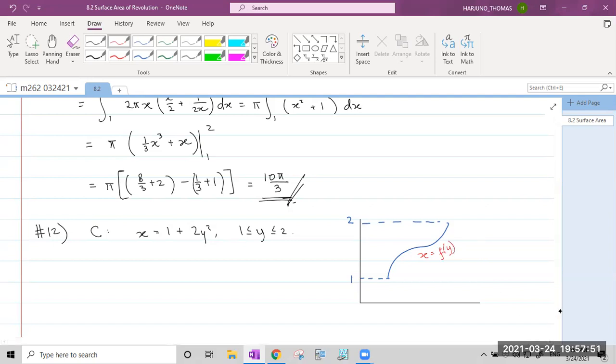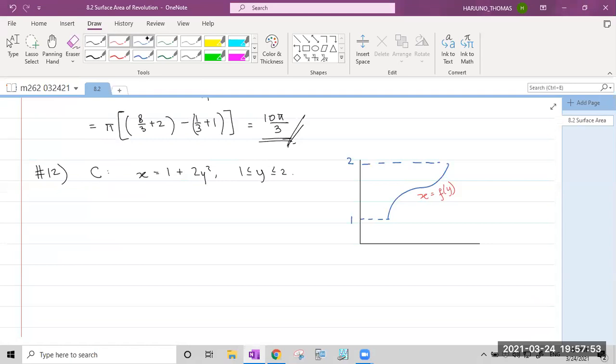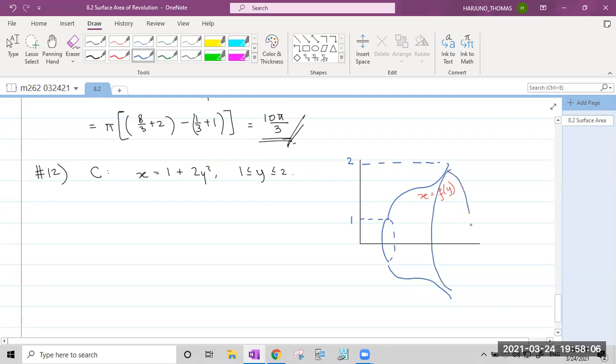Now, when you rotate around the x-axis, it will look like this. So the radius will be this, and this is the ds.